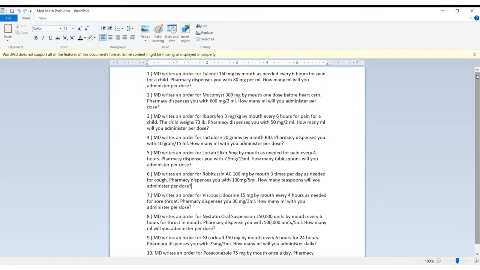The big one here is, well, this is a child. So even though it hasn't asked me if it's a safe dosage, we need to figure out whether it's a safe dosage or not. A safe dosage of Tylenol is between 10 to 15 milligrams per kilogram. At the hospital that I worked in, it was 12.5 milligrams per kilogram, within that safe range.